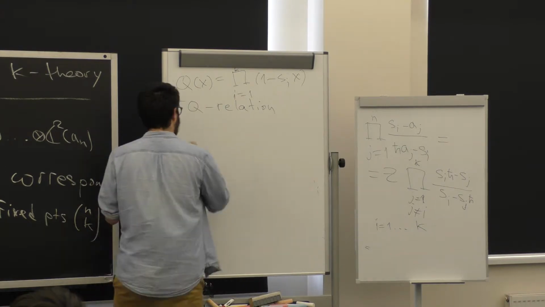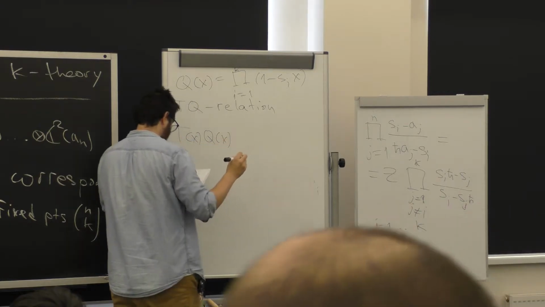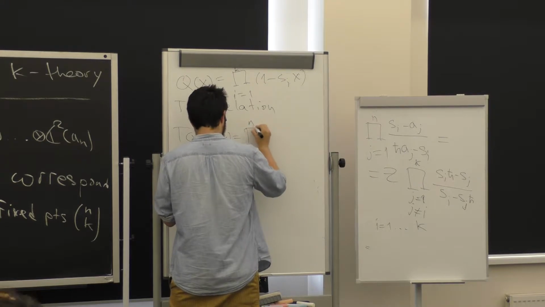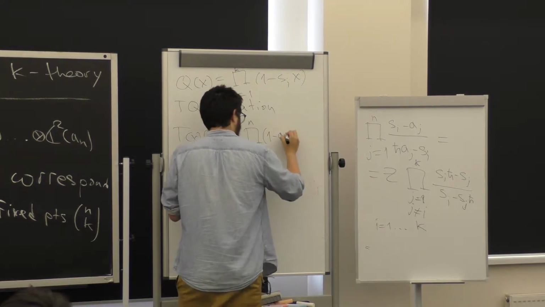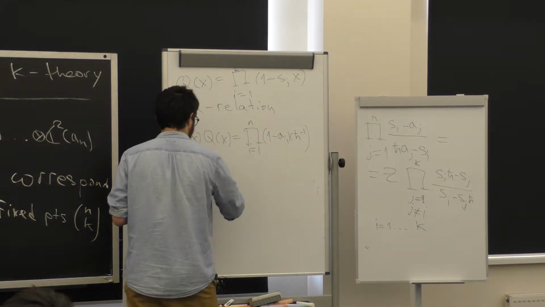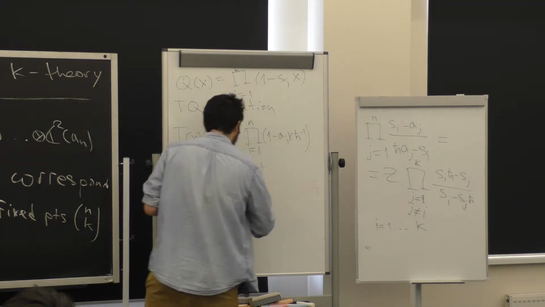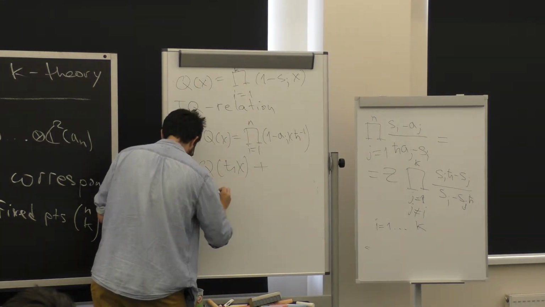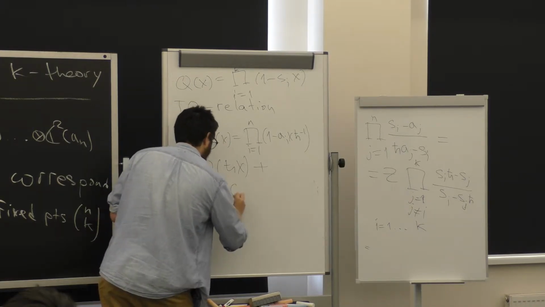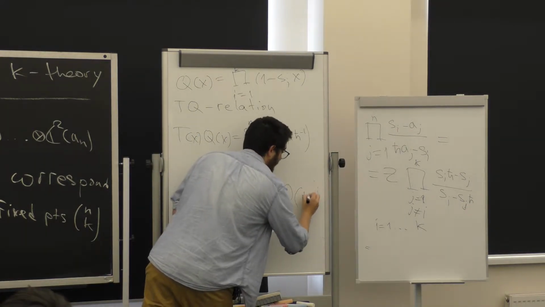So the TQ relation is the following thing. T of x times Q of x equals the product from i equals 1 to n of 1 minus ai x h bar inverse, times Q of h bar x, plus z times the product from i equals 1 to n of 1 minus ai x, times Q of h bar inverse x.